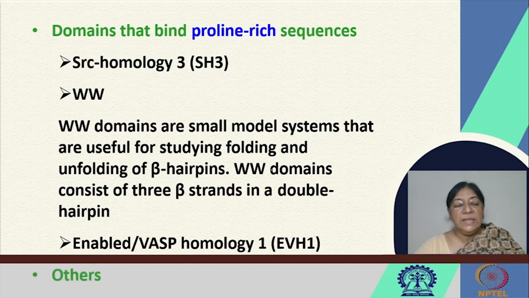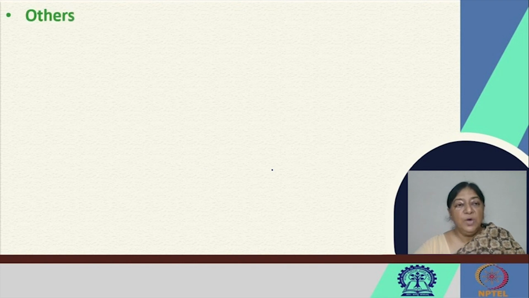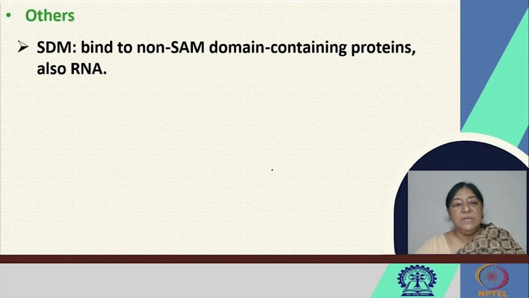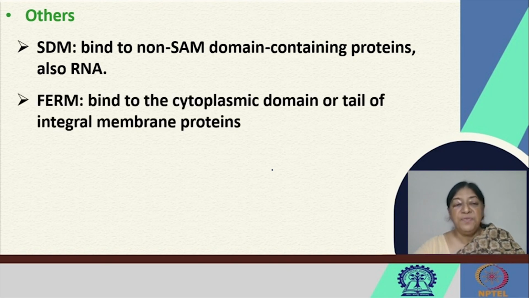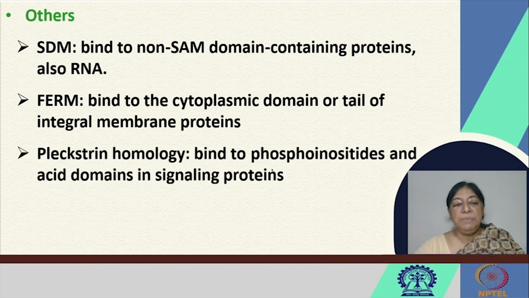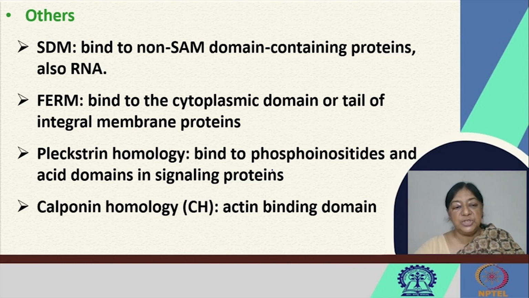Now, when we look at the other types that we have, the SAM domain. This binds to a non-SAM domain containing protein, also RNA. The FERM type binds to the cytoplasmic domain, or the pleckstrin homology type binds to phosphoinositides and acidic domains in signaling proteins, and a CH type, a calponin homology actin binding type.